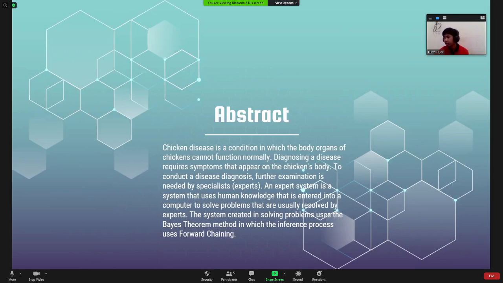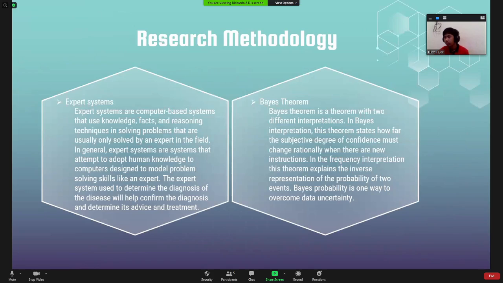Next, research and methodology. Expert system. Expert systems are computer-based systems that use knowledge, facts, and reasoning techniques in solving problems that are usually only solved by an expert in the field.